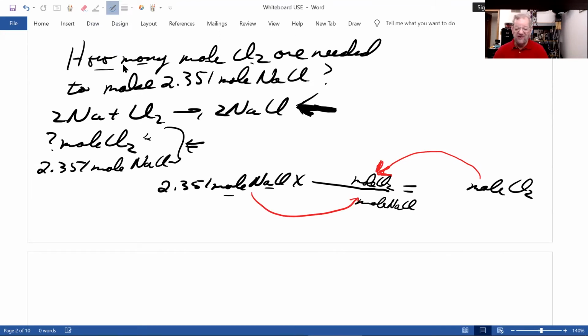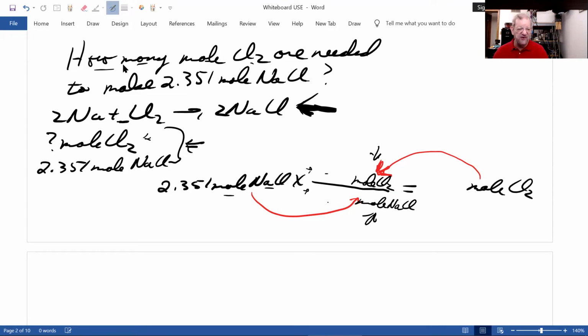Where do I get these numbers in this ratio? From the balanced chemical equation. And when there's no number in front, that means the number one. We're trying to see what molar relationship you know between chlorine moles and sodium chloride moles.